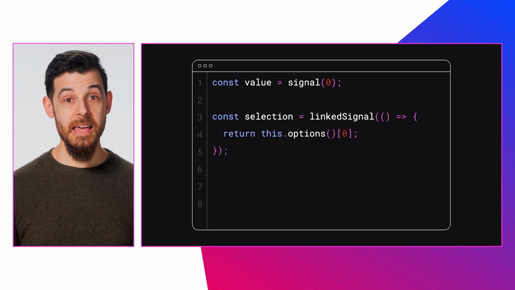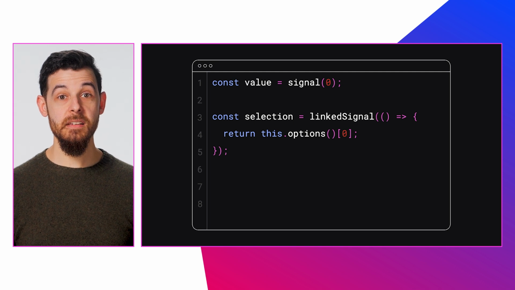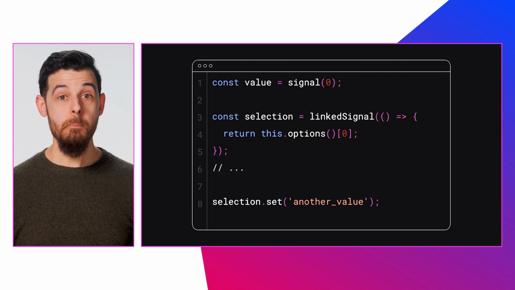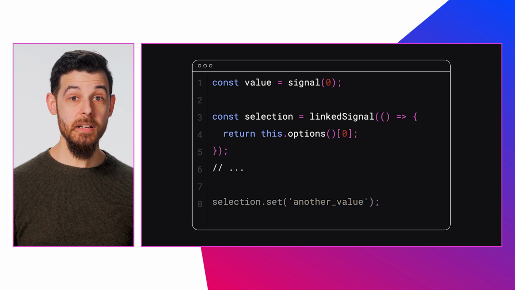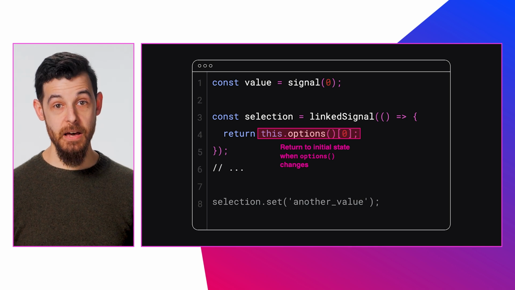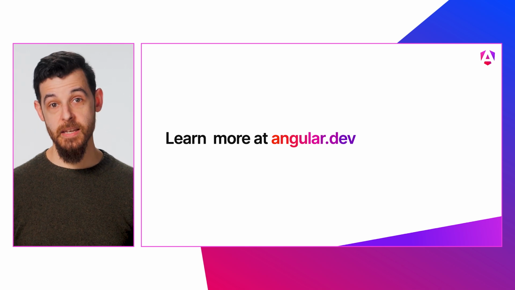The difference is that this state is linked to a computed expression, which provides an initial value. You can write new values to linkedSignal just like a regular signal. But when the linked computed expression changes, the linkedSignal returns to that computed value. You can learn more about linkedSignal, including examples and use cases, on angular.dev.